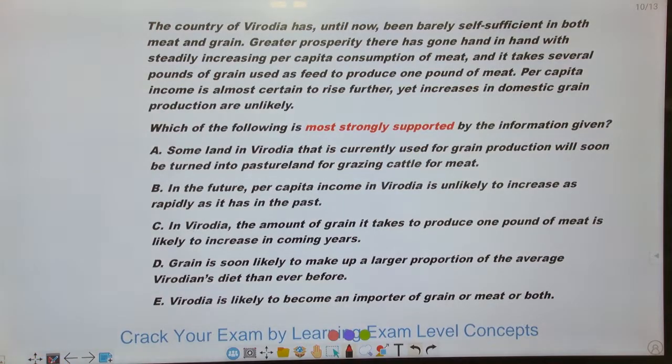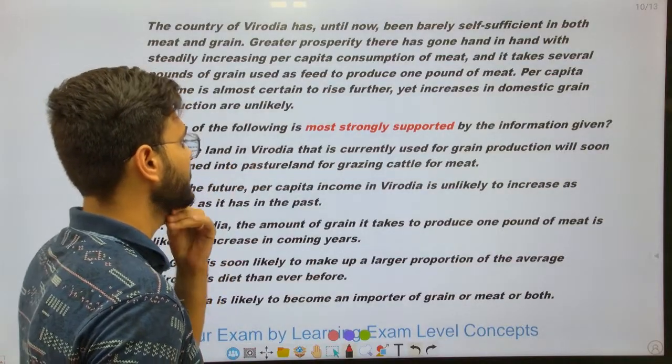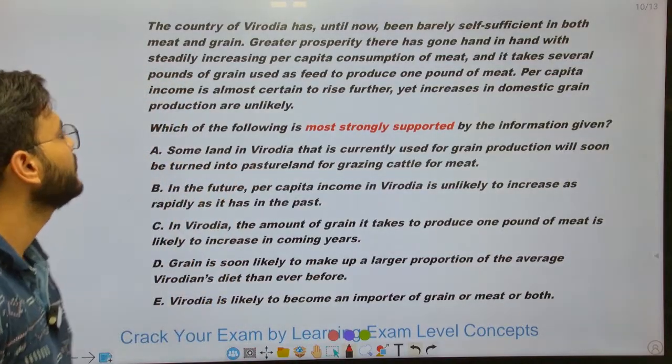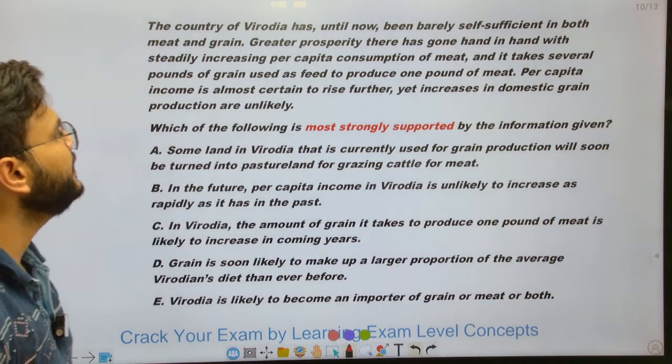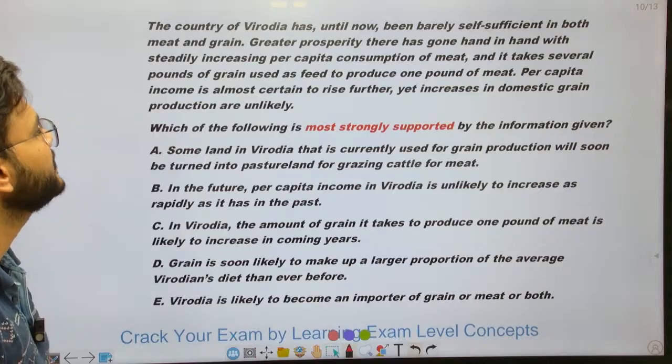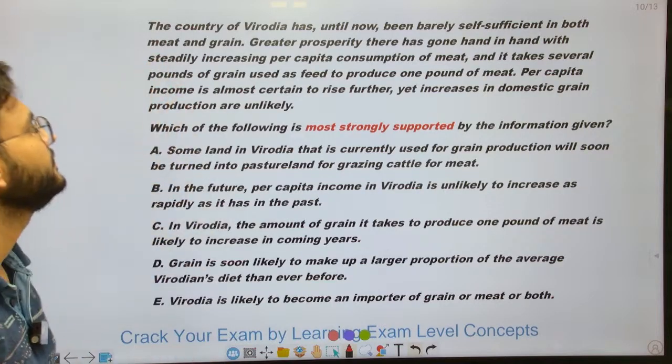Okay, what is the question? So let's see. Again, it is the most strongly supported. The country of Virodia has until now been barely self-sufficient in both meat and grain. They were barely self-sufficient in what? Meat and grain.